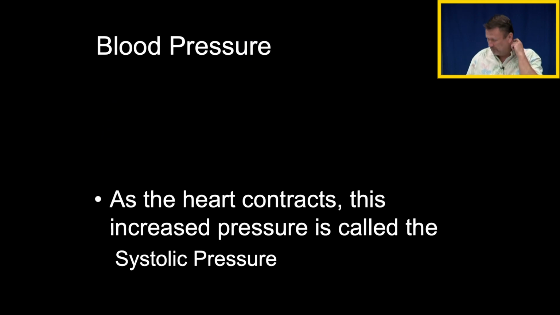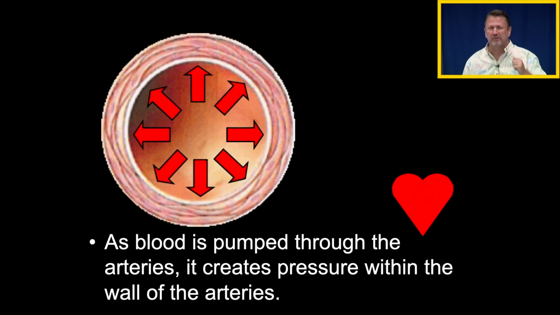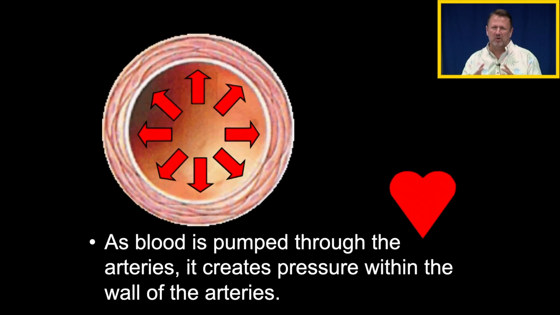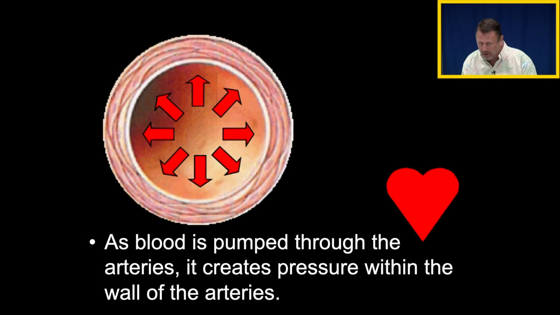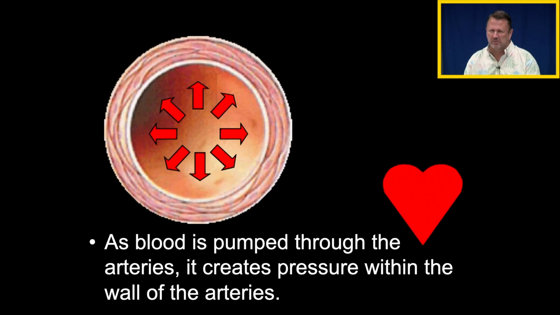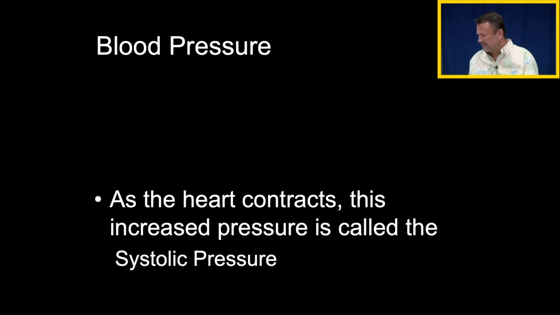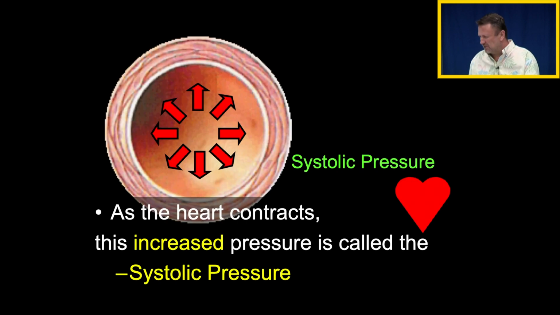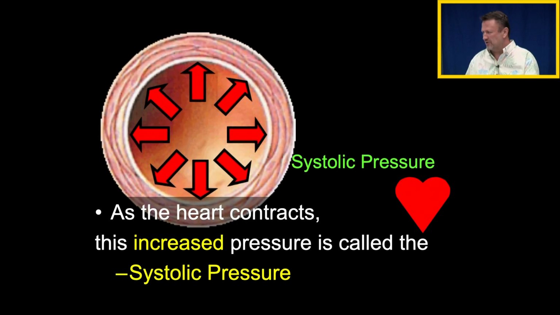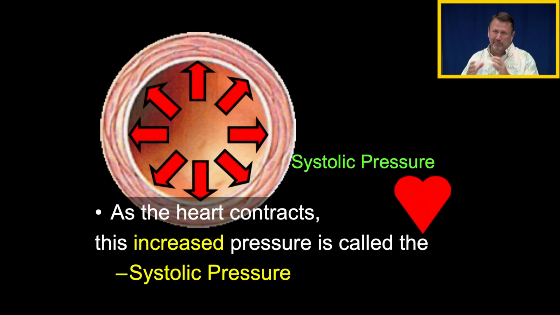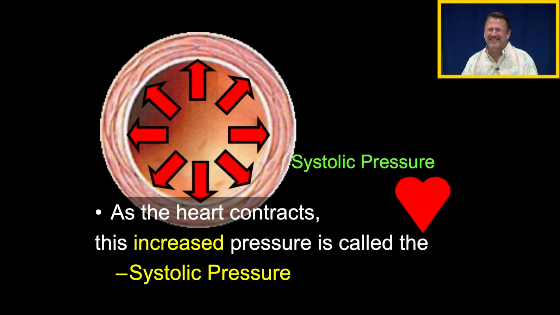So again, as blood is pumped through the arteries, it creates pressure within the walls of the artery, and that's what those arrows are supposed to show you. As the heart beats and contracts, the pressure inside of the arteries goes up. As the heart contracts, this increased pressure is called the systolic pressure.